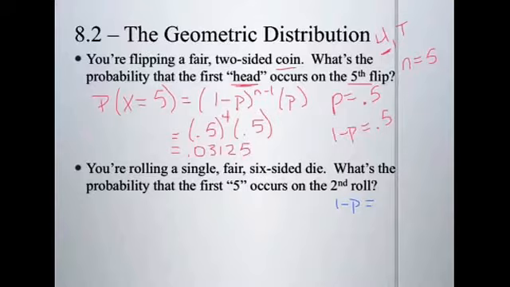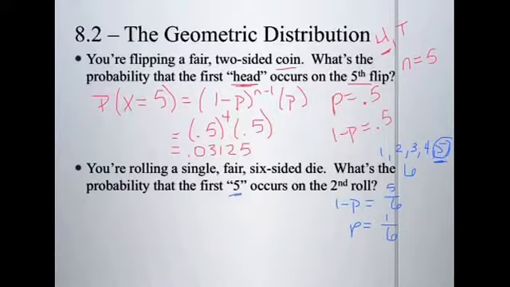Well, on a single fair six-sided die, I have options 1, 2, 3, 4, 5, and 6. And the probability of not getting a 5, since success is 5, is 5 out of 6. There's 1, 2, 3, 4, 5 options out of 6. And the probability of succeeding is 1 out of 6.